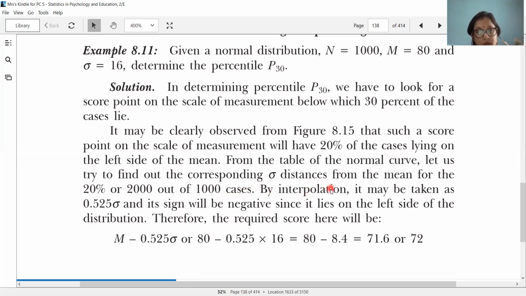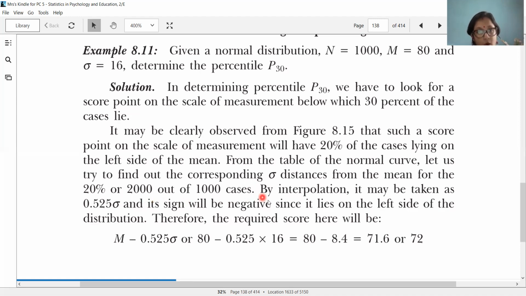By interpolation, we need to find out the sigma value for 20% or 2000 cases out of 10,000. So what we get here, the sigma value as 0.525 sigma by looking at the normal curve table.